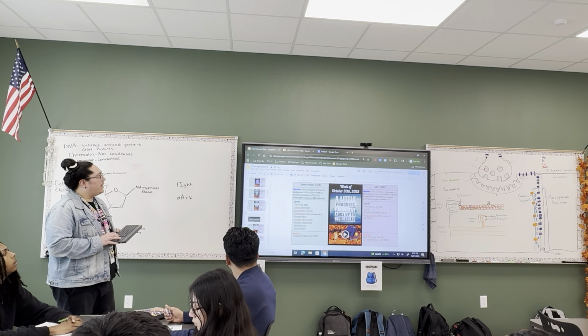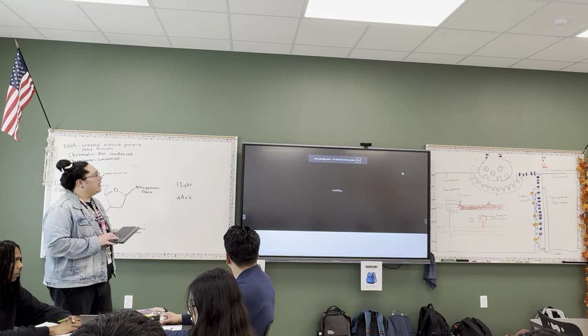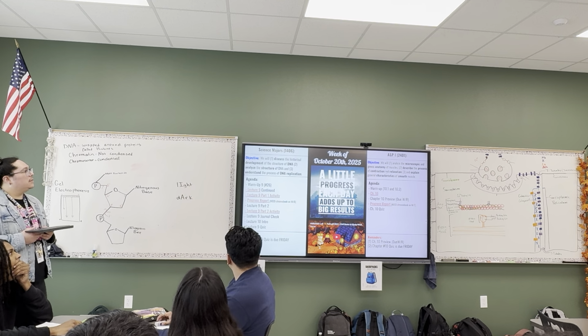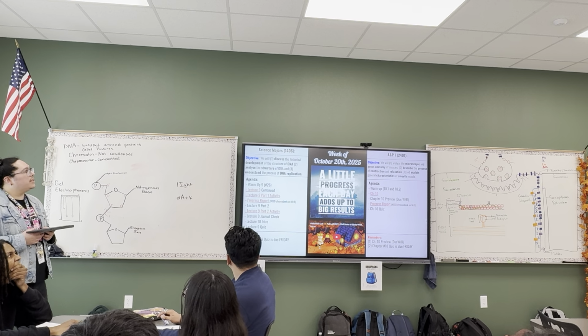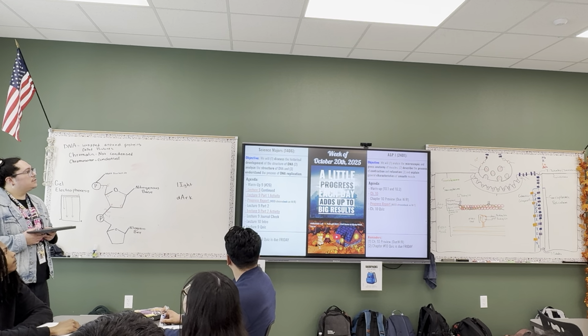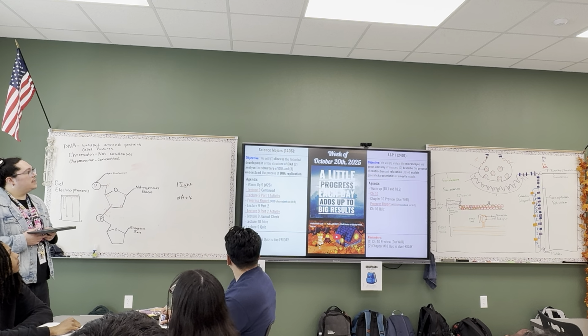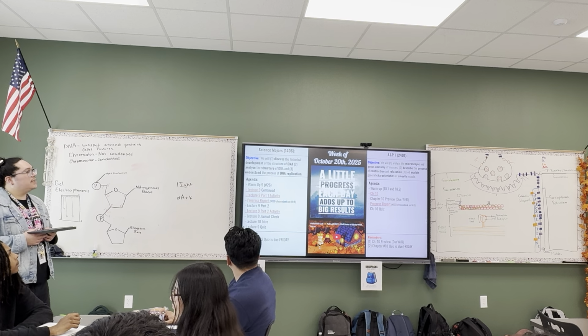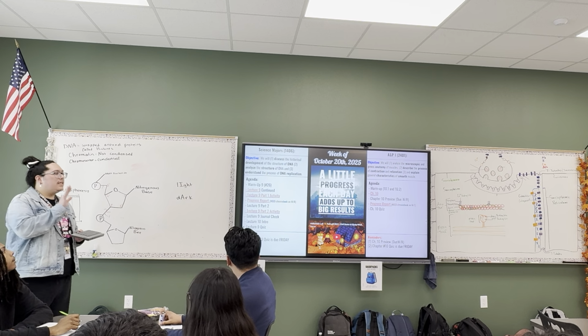Okay, so let's go ahead and look at the objective. Again, as always, read the bullet parts. We will, number one, discuss the historical development of the structure of DNA, two, analyze the structure of DNA, and three, understand the process of DNA replication. So we've already talked about number one.